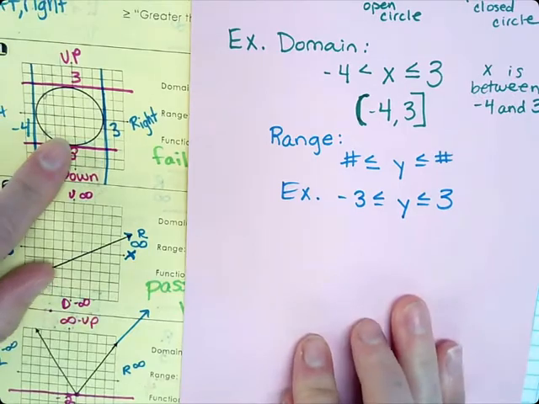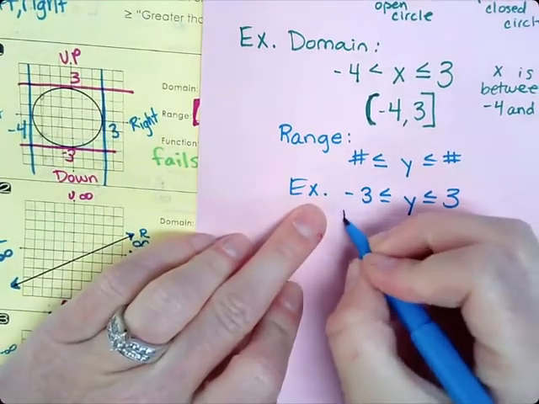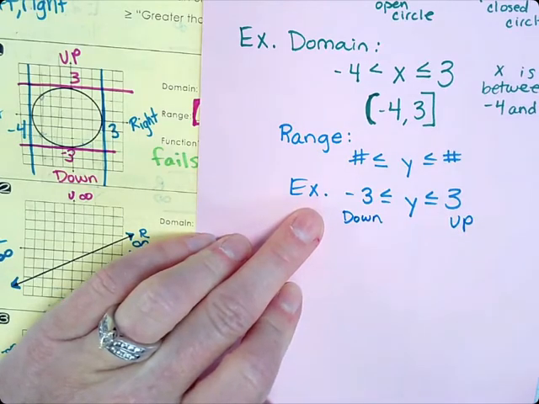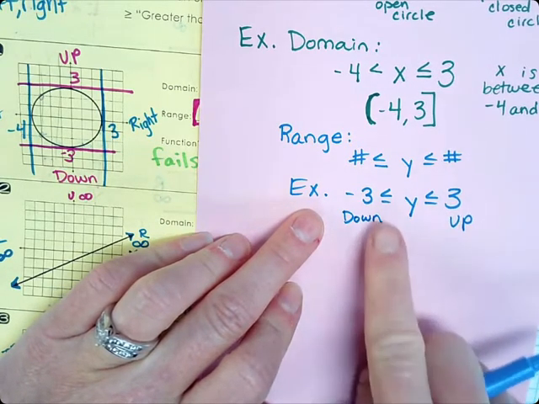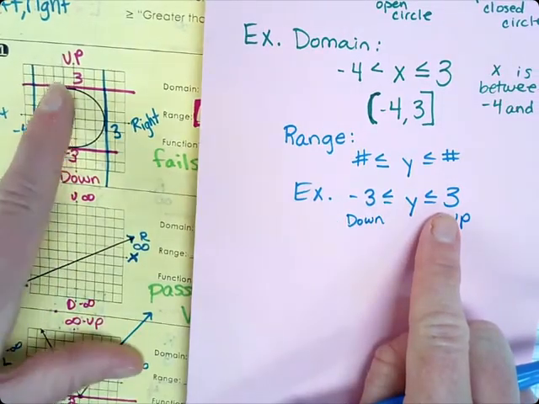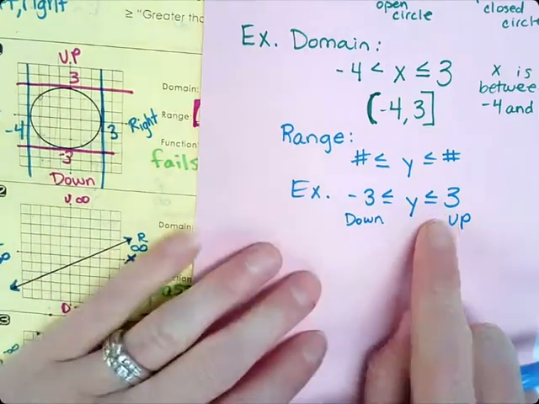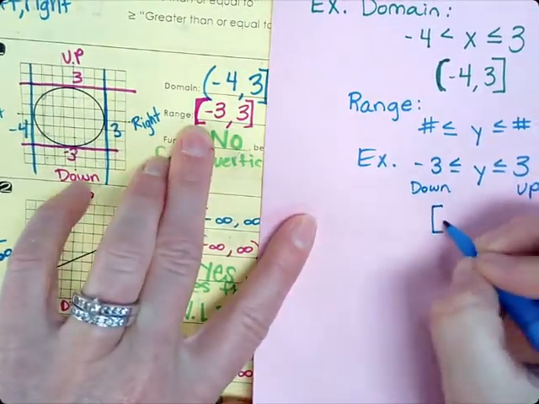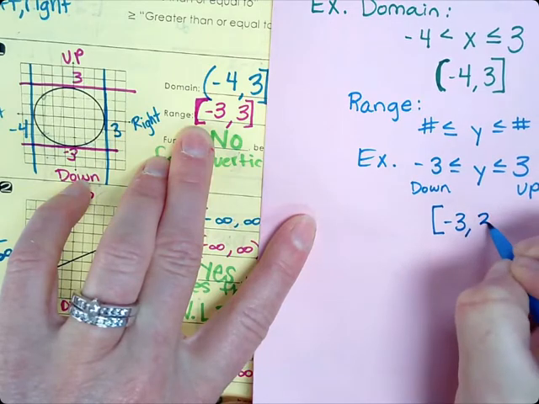And that's this example. So remember, this was how far down, and this was how far up. And we use the or equal to symbol because it actually touches -3 and it touches 3. The example with the interval was this, the bracket -3, comma 3.